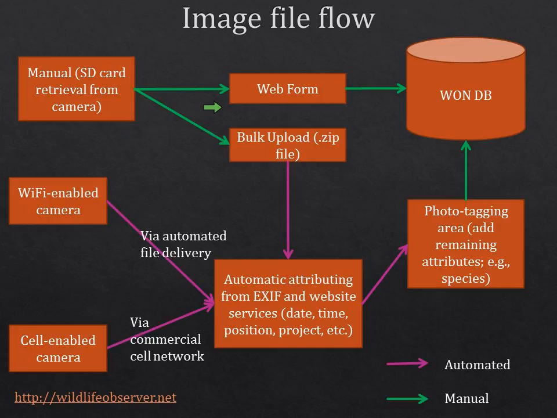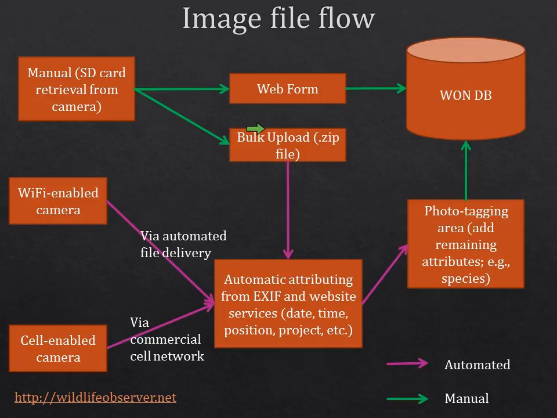There are two ways that we have to do this from this manual approach. One is a one-by-one approach using a web form. Each image is uploaded one by one, and the attributes for the image are recorded. Another method is a bulk upload, which is basically a zip file. You would take the wildlife-containing images from a single camera that you've recovered the SD card from.